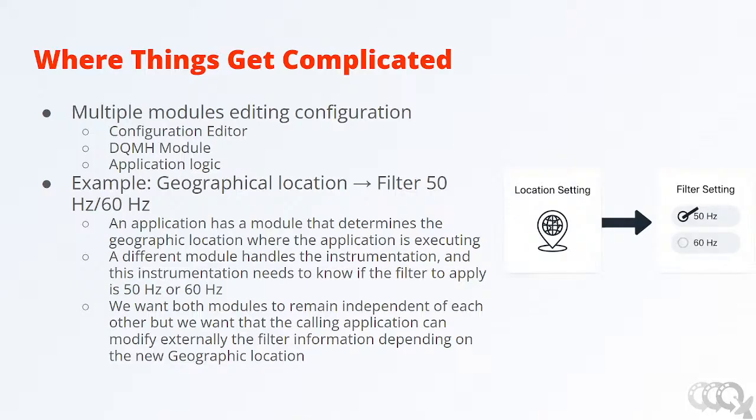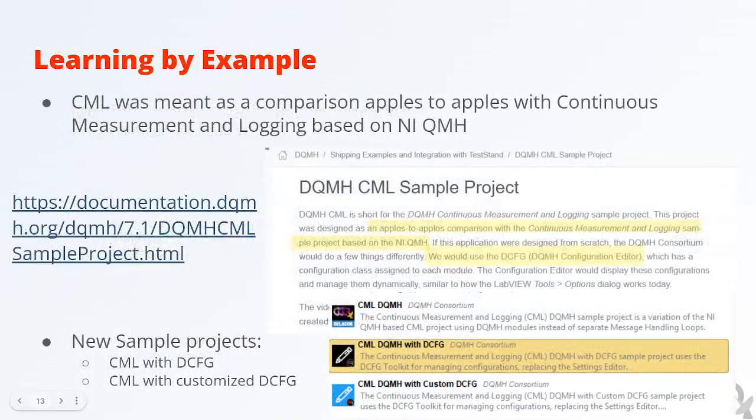DCFG already manages this, and when you get to use DCFG, I recommend that you go check the API testers and try these so you can check it out for a good measure. Now, Matthias just showed you the CML.